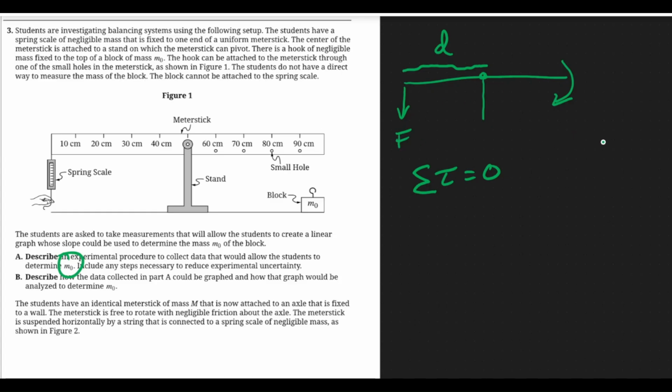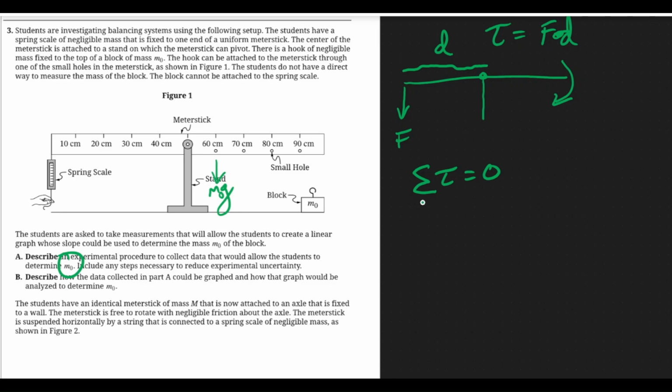Once I know the force right here, the force times this distance is going to be equal to, when I hang this mass right here, m0g, the mass that I'm looking for, times whatever the distance is right here, because I know that a torque is a force times a distance.